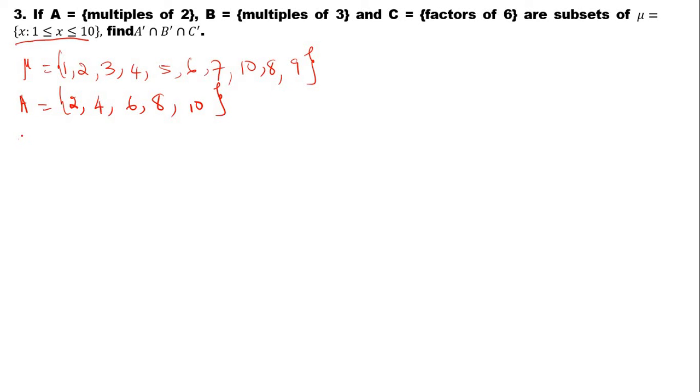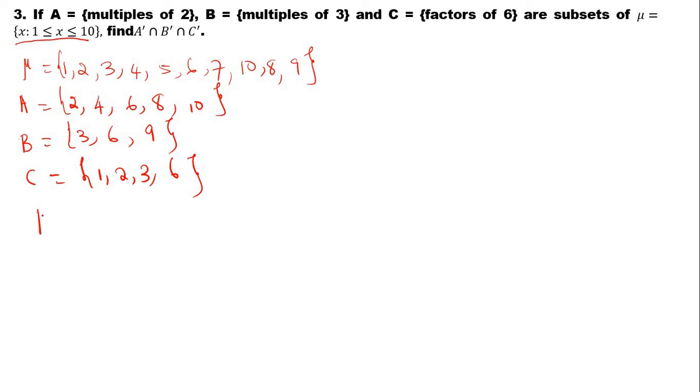Now I'll look out for B. B talks about the multiples of 3, and I have 3, 6, and 9. Then for C, I'm having factors of 6, which are 1, 2, 3, and 6. These are factors of 6.